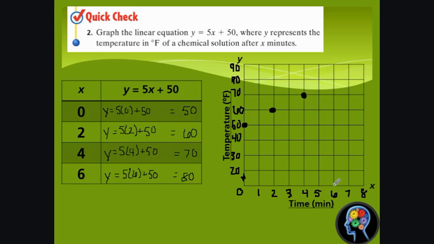And last but not least, our x coordinate of 6 minutes and our y coordinate of 80 degrees. And then from there we connect our dots to represent our linear equation. There we go.